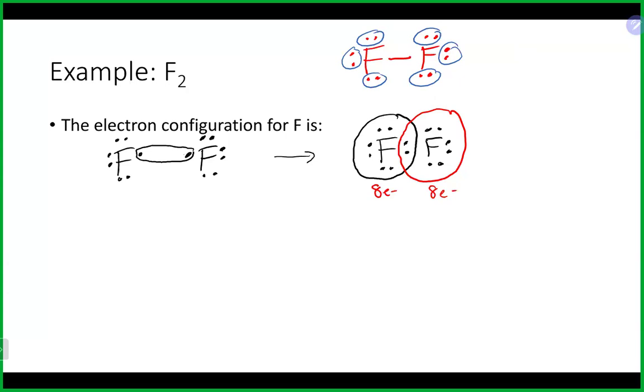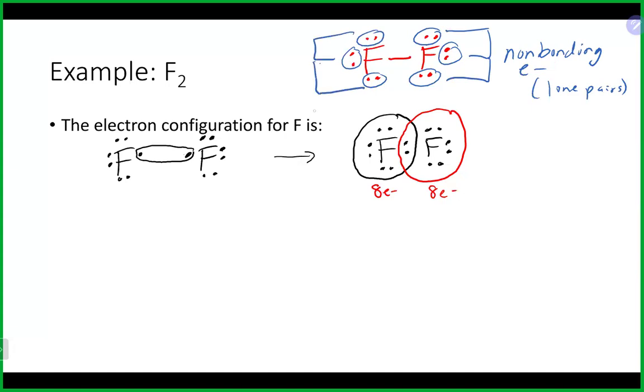So those electrons have a very special name because they are not involved in bonding. They are called non-bonding electrons. Very creative there. Or if you're really old like me, they are called lone pairs. So if somebody says lone pairs like myself, it means the same as non-bonding electrons. And all of these guys over here that are non-involved in bonding, also non-bonding electrons.